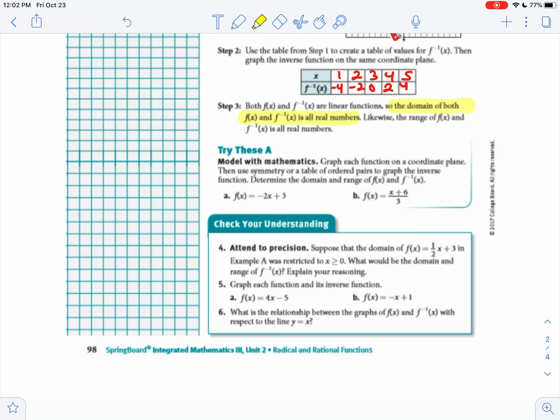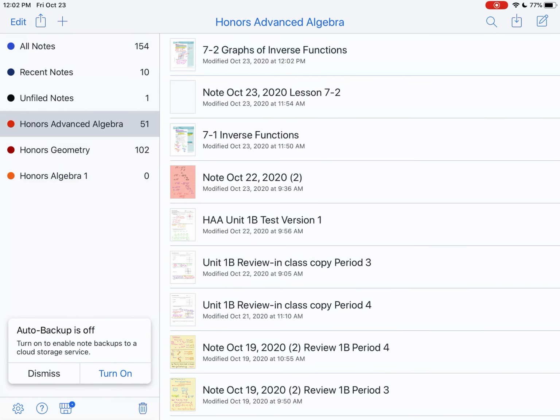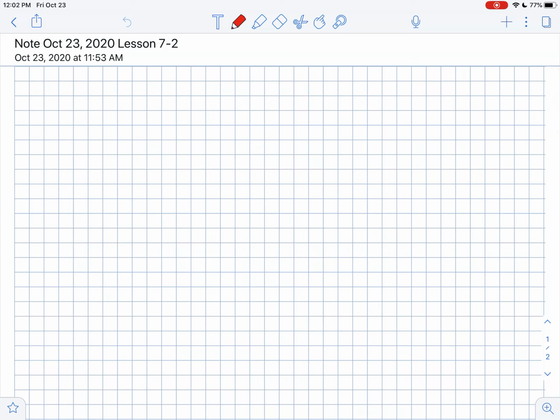We've got some Try These that we can practice. Our first one is f of x equals -2x plus 3. I'm going to switch to graph paper to graph that one.